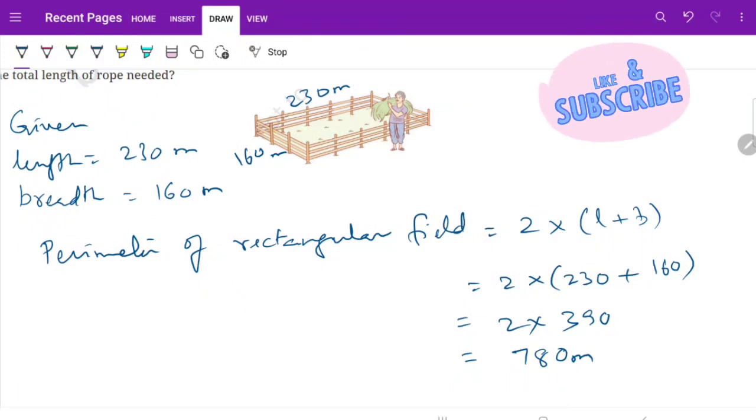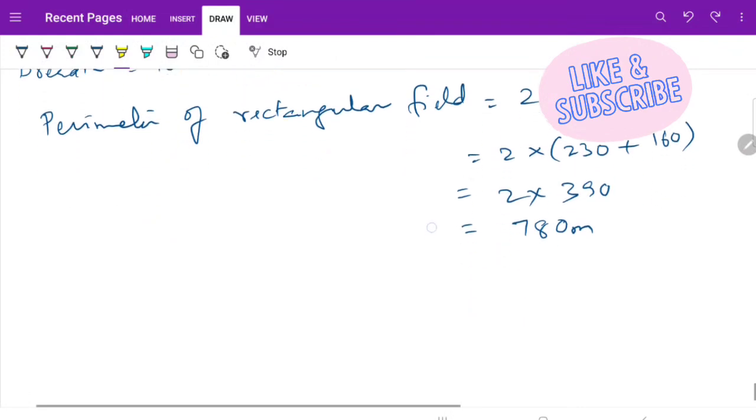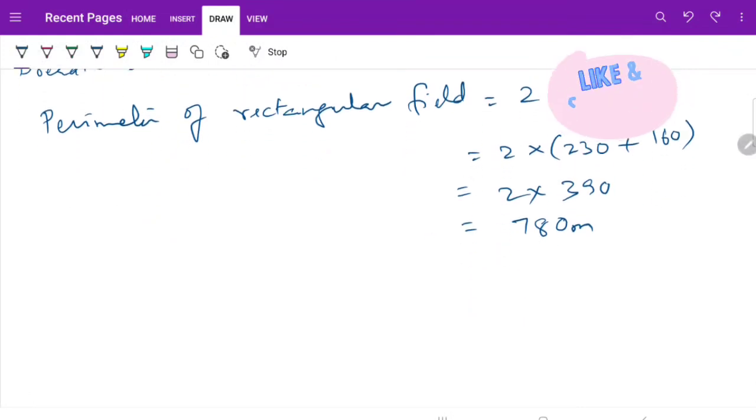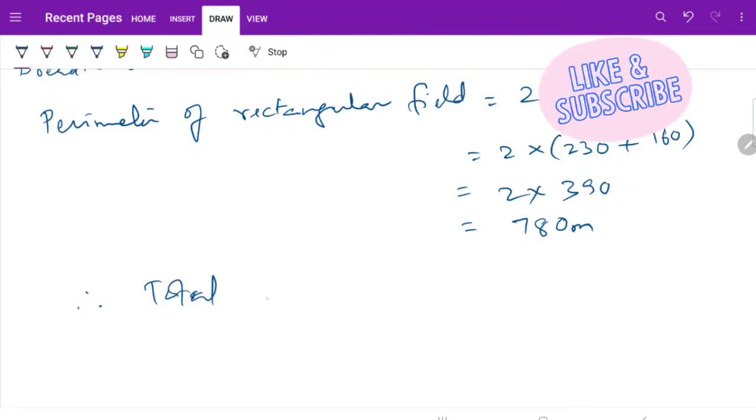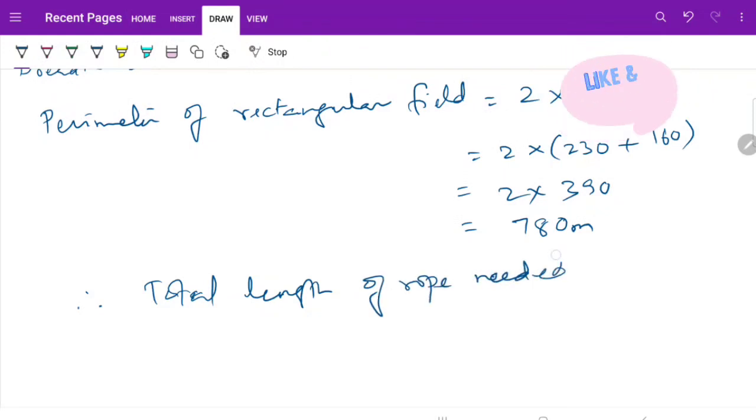When we measure 1 round of the park like this, this is the perimeter. Now he said 3 rounds we need for this rope. So multiply by 3. Therefore, the total length of rope needed. This is for 3 rounds.